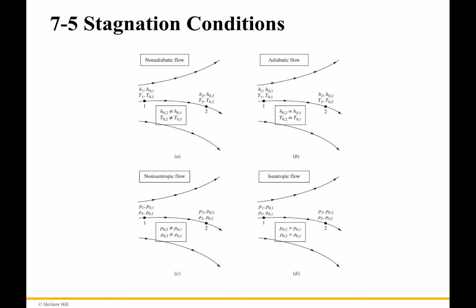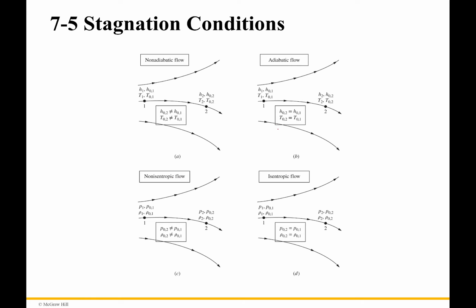If I'm adiabatic, well, things get easier, because I'll know that there's no energy leaving my system. It's all stuck in there. And so my total enthalpy is going to be constant. And for a calorically perfect gas, my total temperature will also be constant. Now, how about for non-isentropic? Okay, non-isentropic, but still adiabatic.